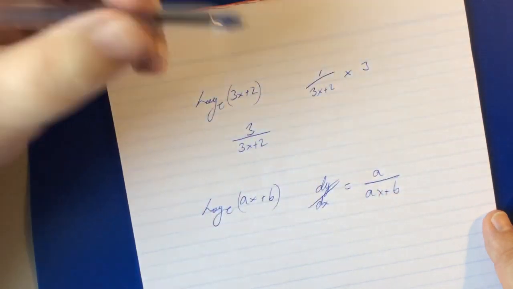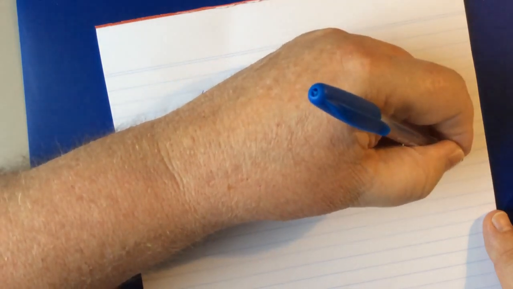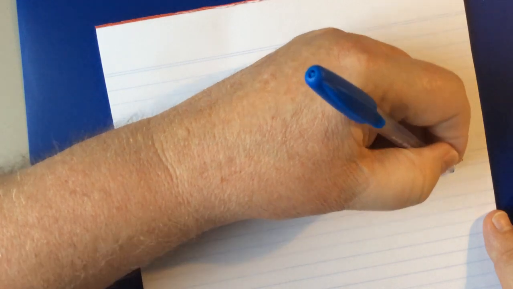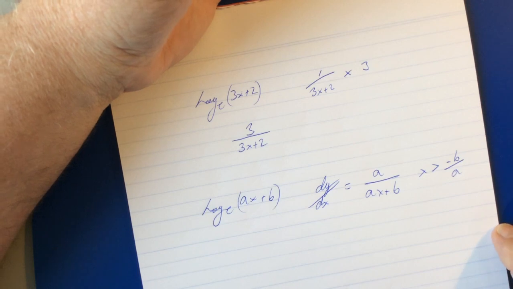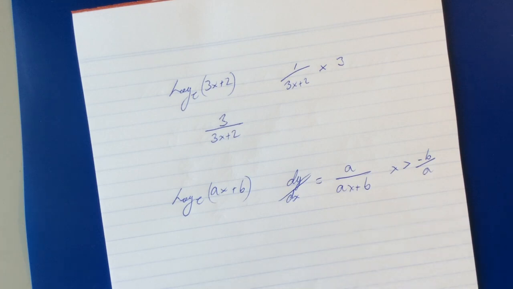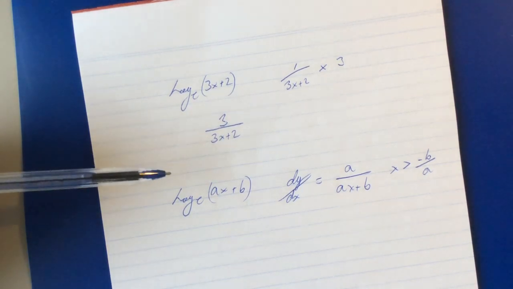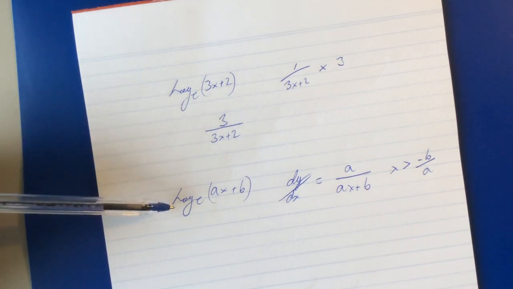Now that is all provided that x has got to be greater than negative b over a. Otherwise, we're in uncharted realms. So just bear that in mind. That's one way of looking at this.